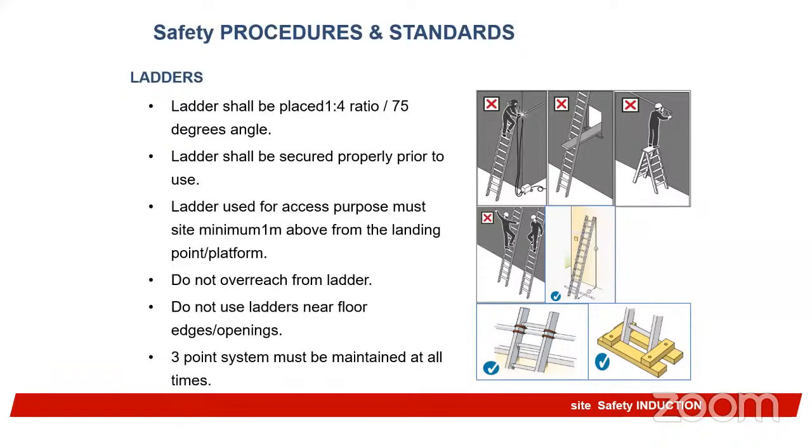If the distance from the foot of the ladder to the wall is 1 meter, the vertical height to the top of the ladder should be 4 meters. That is 1:4. So that tells you how you should properly place your ladder.